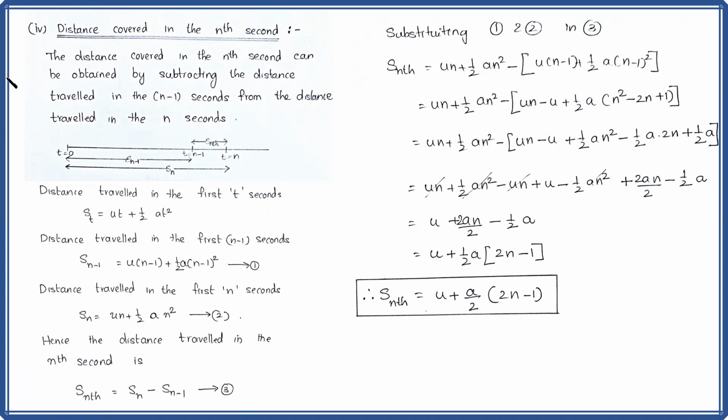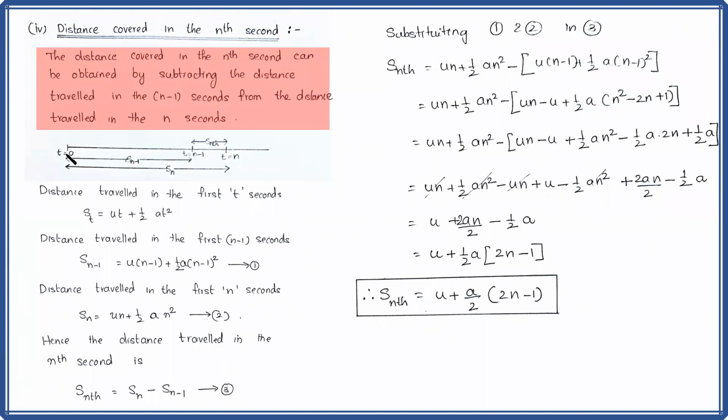The same principle we are using here: the distance traveled in the nth second can be obtained by subtracting the distance traveled in the n minus 1 seconds from the distance traveled in the n seconds.